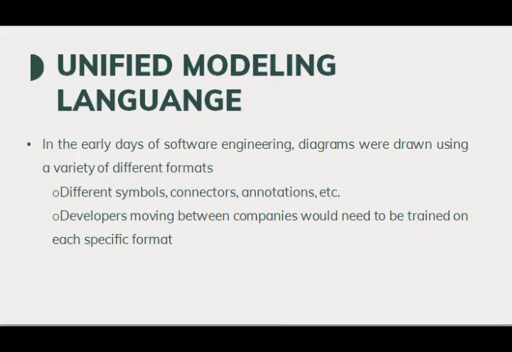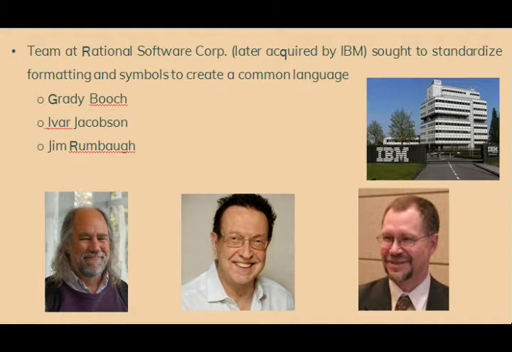So next is the Unified Modeling Language. In the early days of software engineering, diagrams were drawn using a variety of different formats. These formats consisted of different symbols, connectors, annotations, and so on. Developers moving between companies, or trying to collaborate across company or even divisional boundaries, had to be trained on each specific format used for communication.